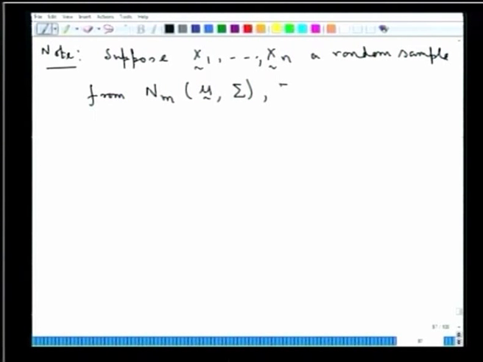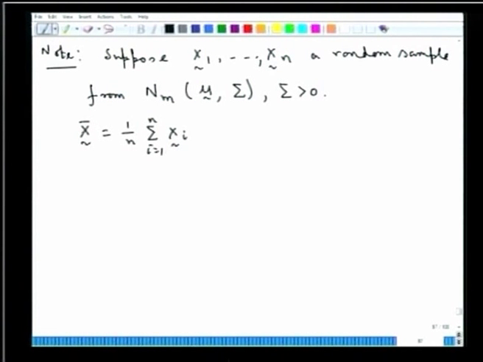Both mu and sigma are unknown. Sigma is positive definite. Then we have the two statistics of interest, x bar, which is 1 upon n summation of these xi, i equal to 1 to n.